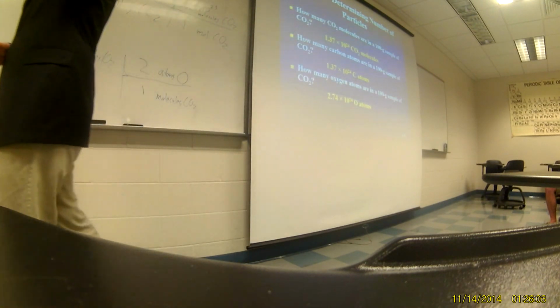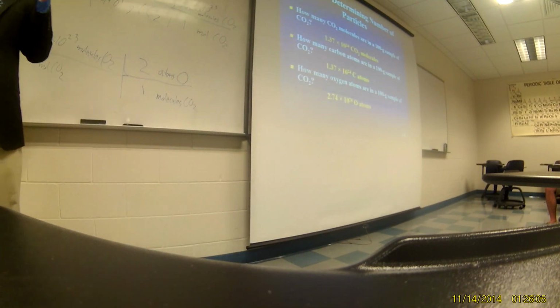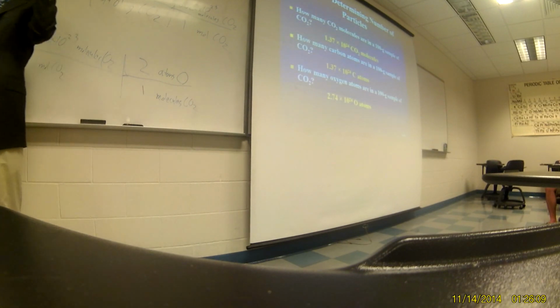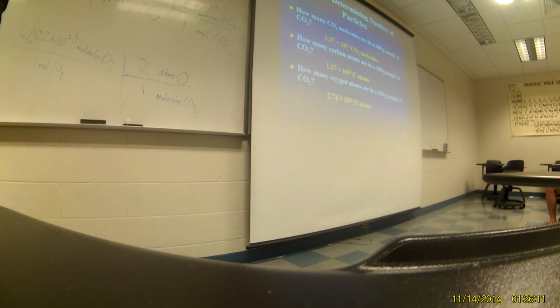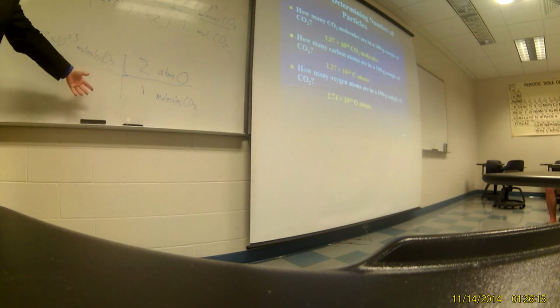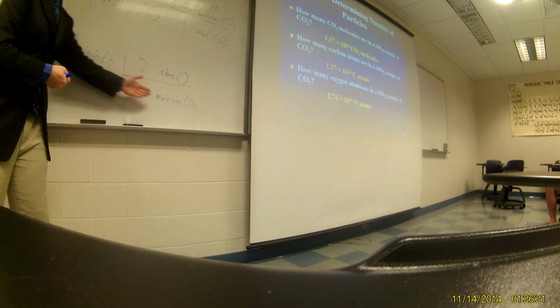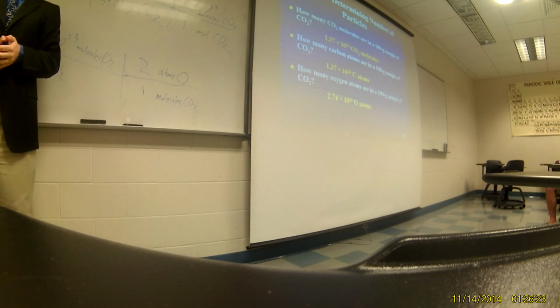So you can do it logically. You can say, well, I have this many molecules, and there's 2 atoms per molecule, so multiply my answer by 2. Or you can do it with your dimensional analysis. It's the same exact thing, it's just, instead of logic, you're using your units to guide you.